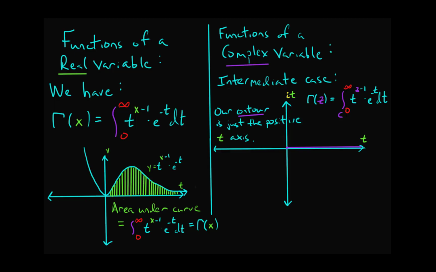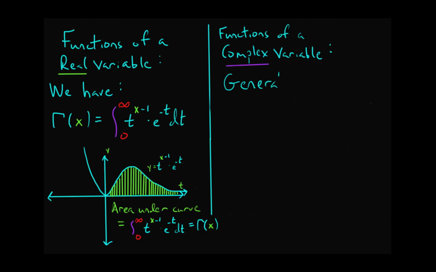That's what I mean about this being a kind of intermediate case. We're not using the most general contour possible, we're using the positive t-axis for our contour of integration, which is what allows me to write gamma of z equals the integral from infinity to 0 of the function t to the z minus 1 times e to the negative t dt. So t is still a real variable here, and so the question would be, what if we allow t to be complex?